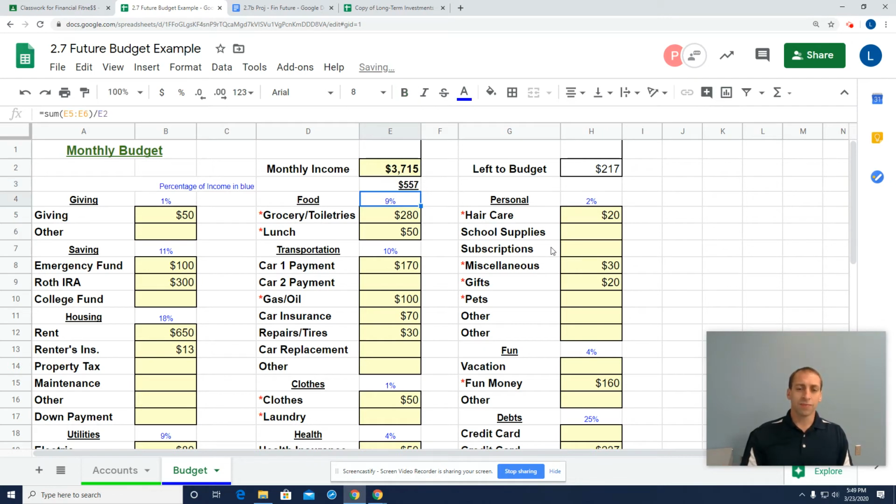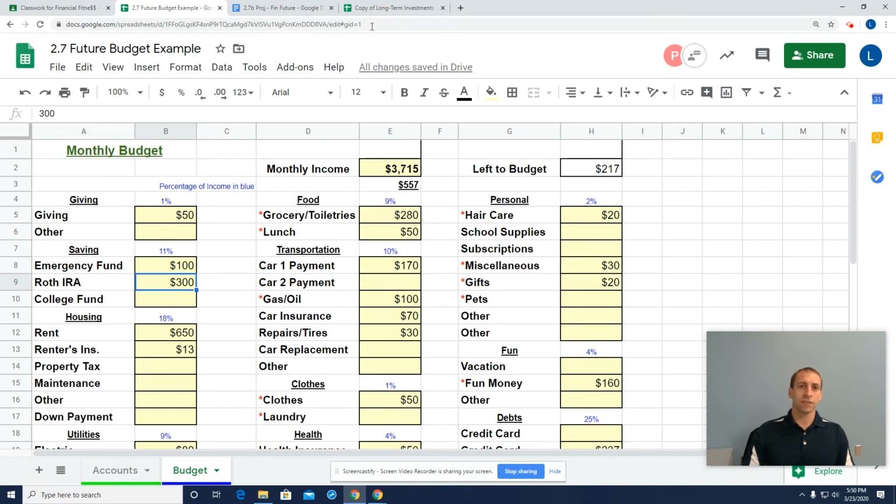I get 557. That's what, according to finance experts, I should be investing over here. So I have grossly underfunded my investments. I only did about, well, let's see, I'll delete this for just a second. I only did 8% of my income into my investments. Okay, so I was definitely underfunded.